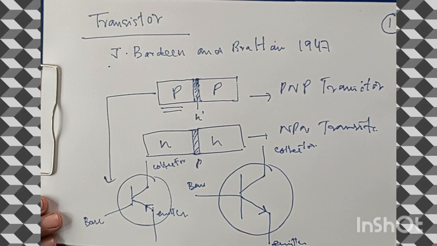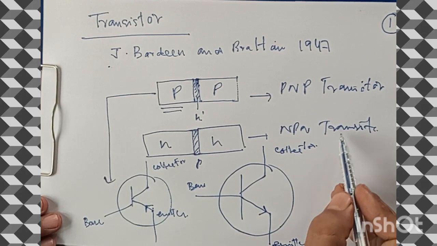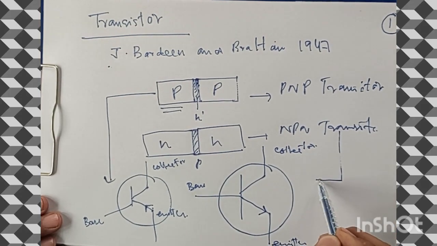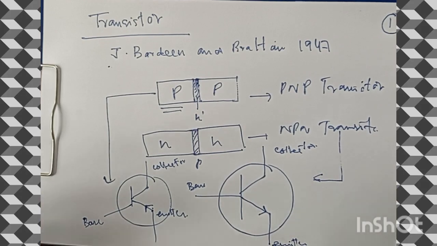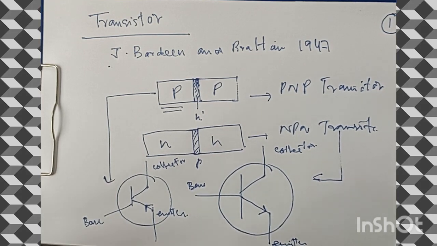So here we have translated the design of the PNP and NPN transistors. To recognize a PNP transistor, we seek out this symbol, and for an NPN transistor, we seek out this kind of symbol.